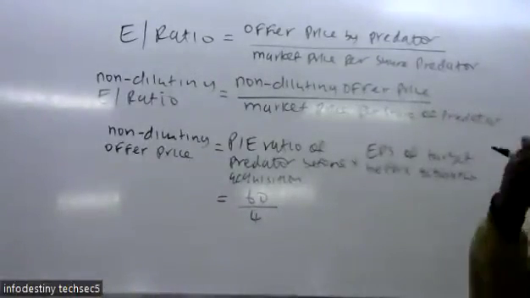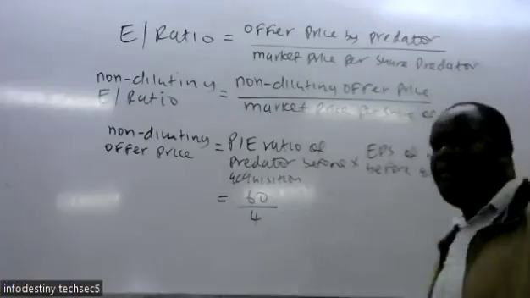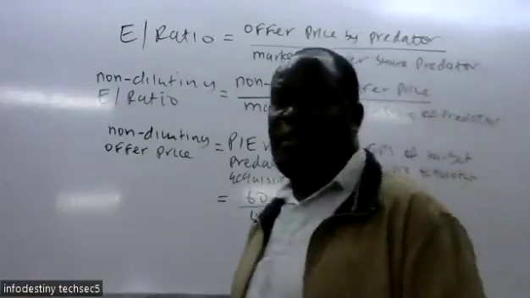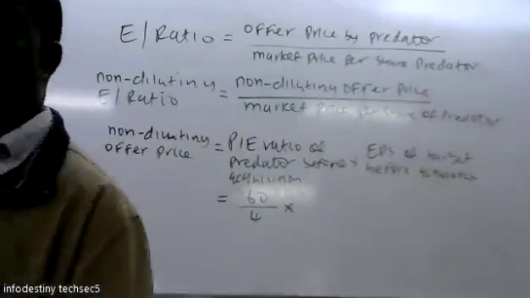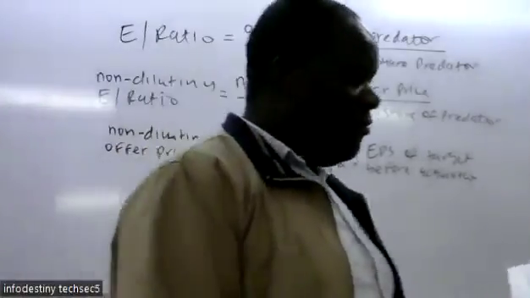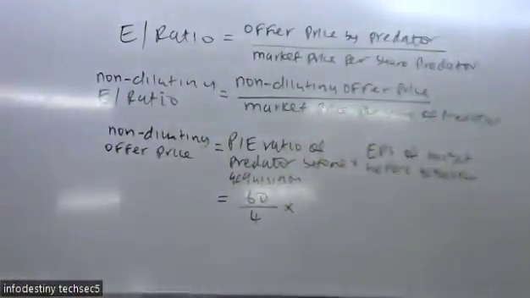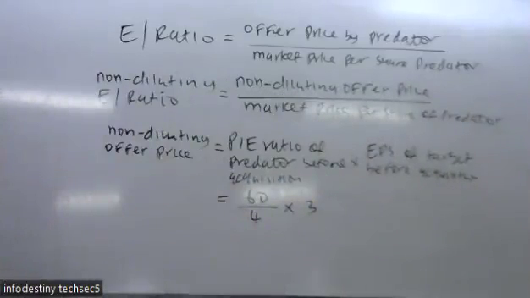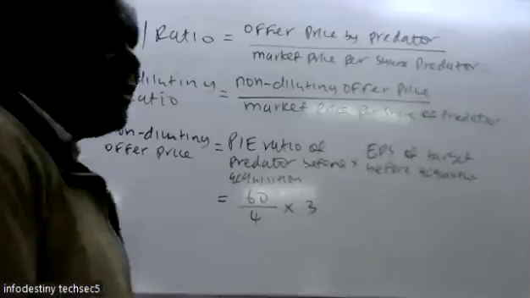But we are supposed to multiply by the earning per share of the target, which is B Limited. They have given us 3. So we can now compute, and we get 45.